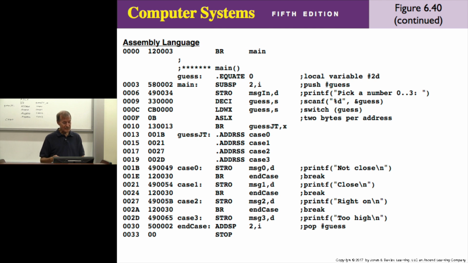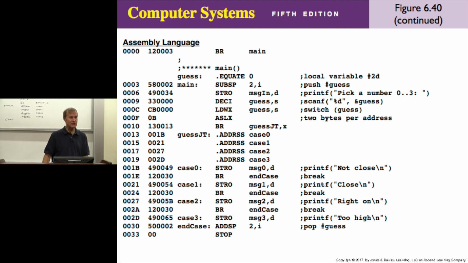And look at line 0013. What is that? 001B. Now take a look at case 1 on line 0021. What is the value of the symbol case 1? 0021. So look at line 0015. What's there? 0021. And look at line 0027. That's case 2. What's the value of case 2? 0027. So 0027 is there. And then 002D is at 0019. Does everybody see what that is? So now we branch to guess table JT.